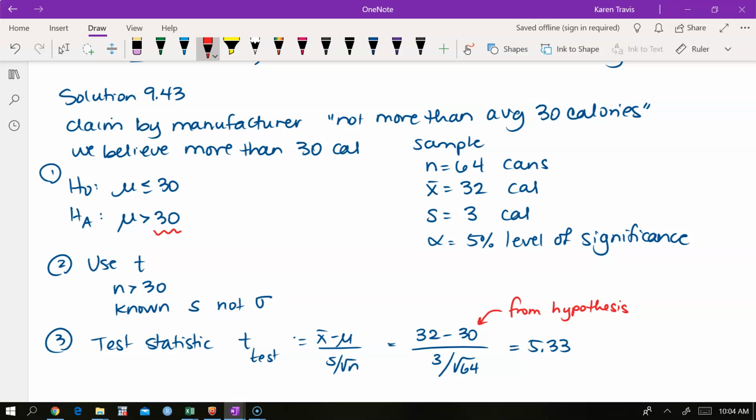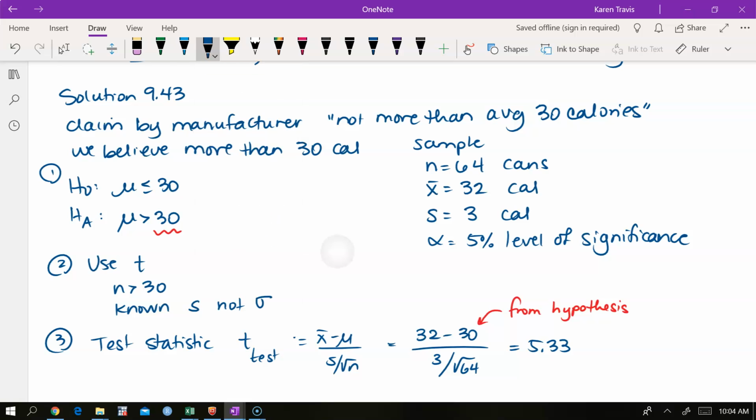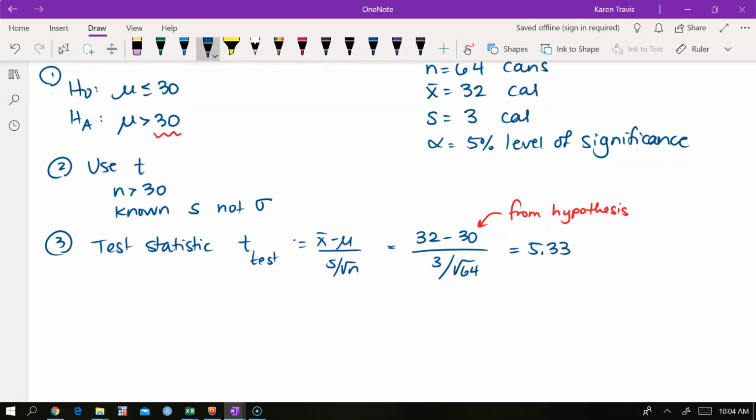Now the book says we should use the p-value method, but you can't find a precise p-value using T, so I'm going to use a critical value method. And what that means is I'm going to figure out what's my rejection region.